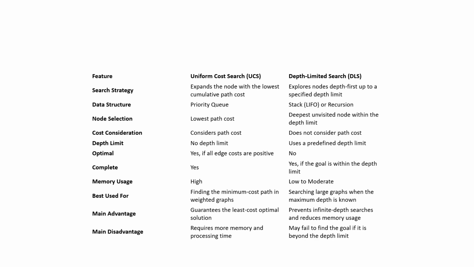Okay, the next one, the optimal feature. Here, yes, uniform cost search is optimal, because all edge costs are positive and we have visited all the nodes. But for DLS, we cannot say it is not optimal, because sometimes it depends on the constraints of the problem.